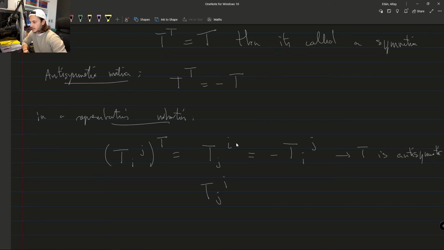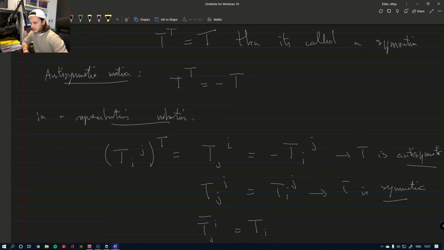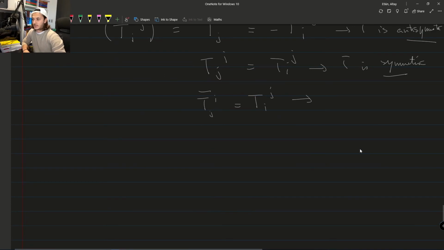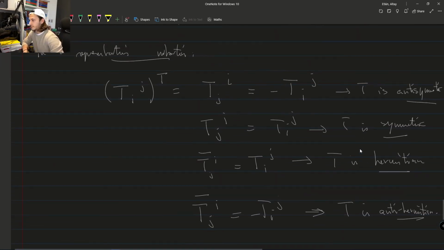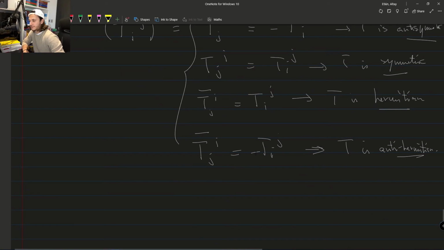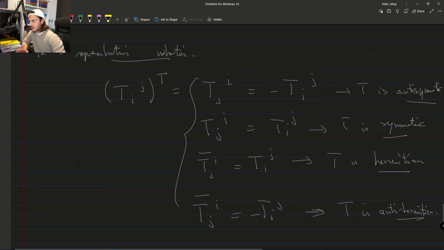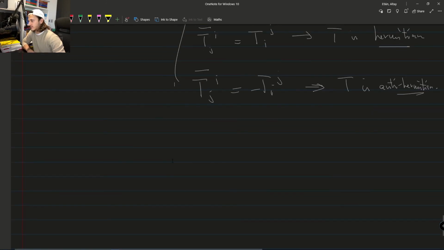If Tji equals Tij, T is symmetric. And if Tji bar equals Tij, then T is Hermitian. And if Tji bar equals minus Tij, then T is anti-Hermitian. So with these four matrices, you can basically form every possible representation you can make out of vector spaces.